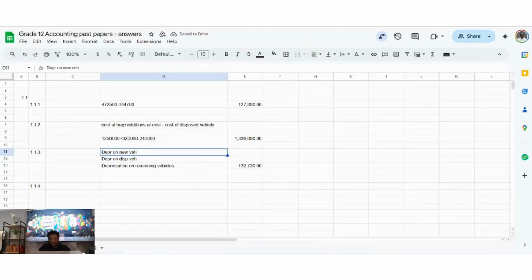So to calculate the depreciation on the new vehicle, we say 320,000, multiplied by 20%, multiplied by 6 over 12. So it was basically here for half of the year. And that would give us 32,000.